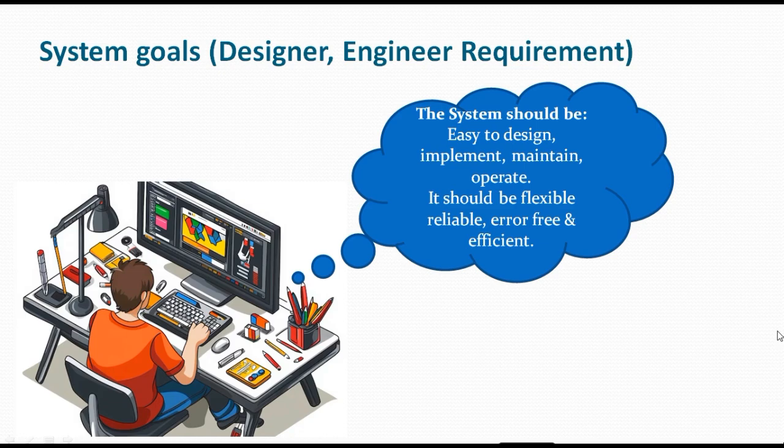Flexible means it should accommodate any changes which the user or the designer wants to make in the system. It should also be error free, with no bugs or errors while designing and implementing it, and it should be efficient. So these are the specifications from the users' perspective and the system's perspective: user goal and system goal.